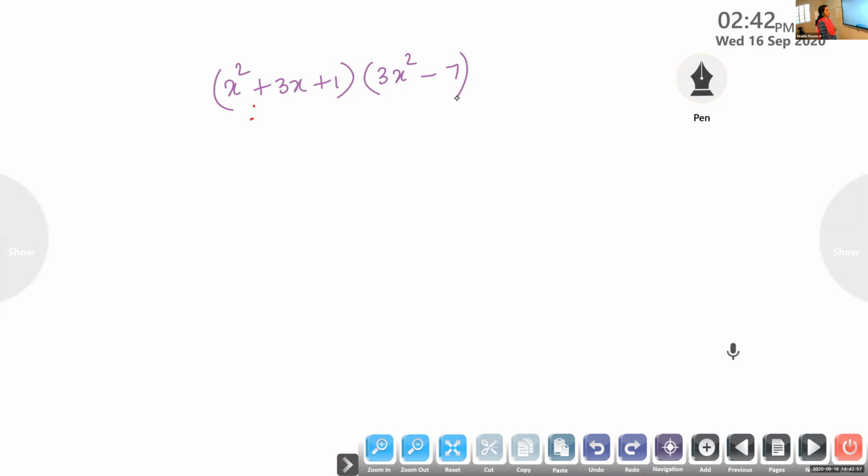How to do this? First you name this as y, the first function as u, and this one as v. If you want, we can do this in another way. You can expand it and do it.